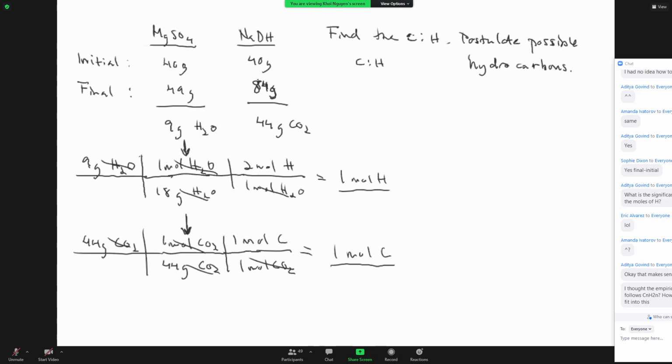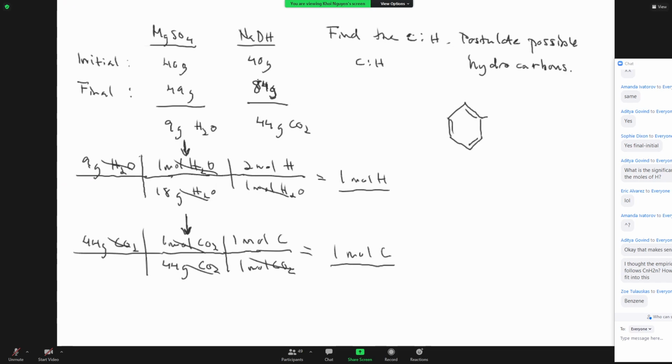So now that we know that, name some possible hydrocarbons with a 1-to-1 carbon to hydrogen ratio. In this case, it didn't follow the CnH2n pattern for your hydrocarbon. This is a 1-to-1 ratio. Benzene, right? It's a hydrocarbon, doubly bonded, allowing you to have 1 hydrogen at each one of these points. So this is C6H6.